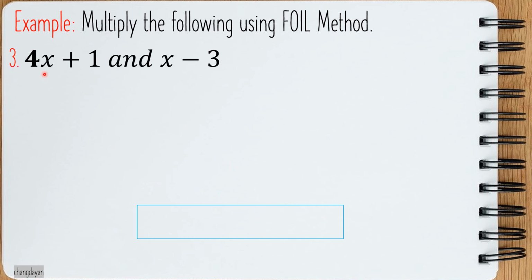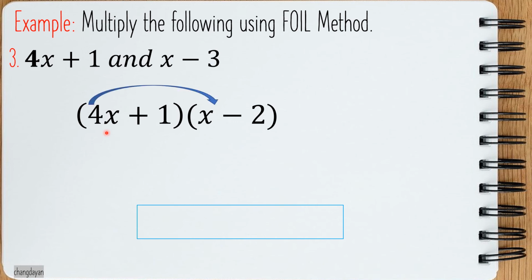Now, let us have example number 3. This time, we are going to multiply 4x plus 1 and x minus 3. Again, multiply the first terms. So, 4x times x, you have 4x squared. Next is the outer term.